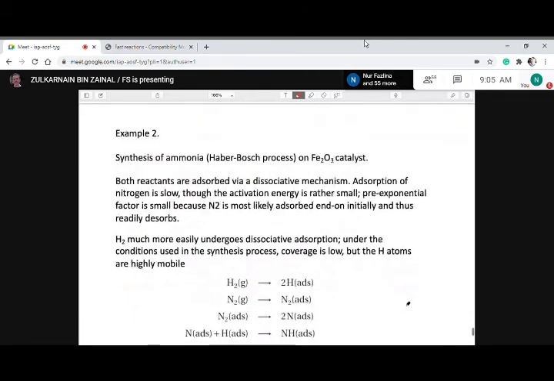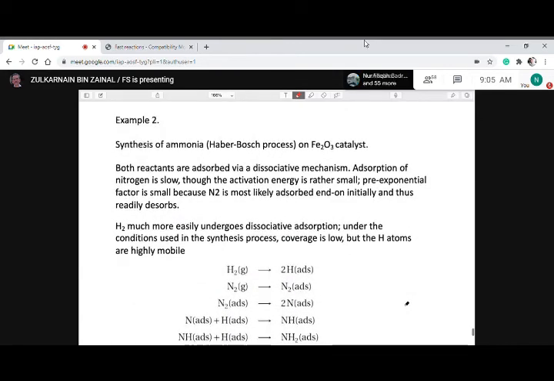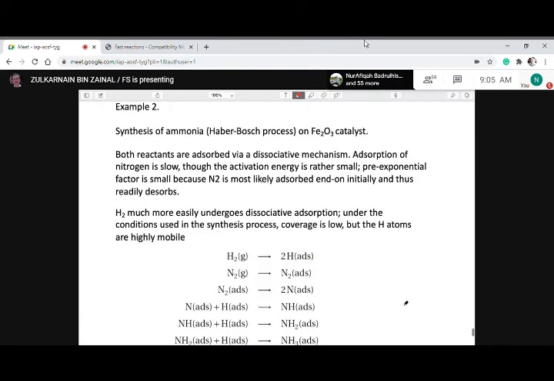Okay, synthesis of ammonia by the Haber process. This is another popular synthesis that we have seen. Earlier it was not the Haber process, because that was the decomposition of ammonia to hydrogen and nitrogen.